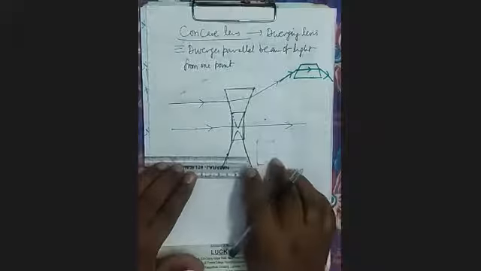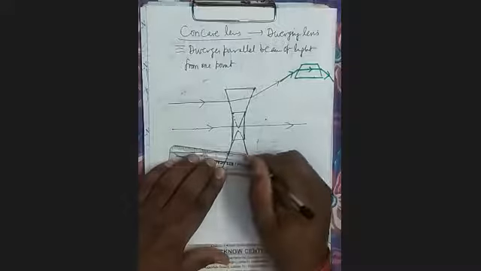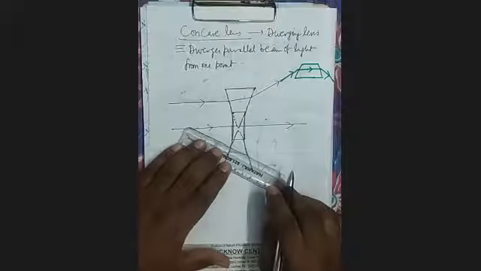Now see here, another ray which falls upon this part of the prism. It will bend here and then it will bend on this surface also and goes in this direction. You can see that these rays are diverging.